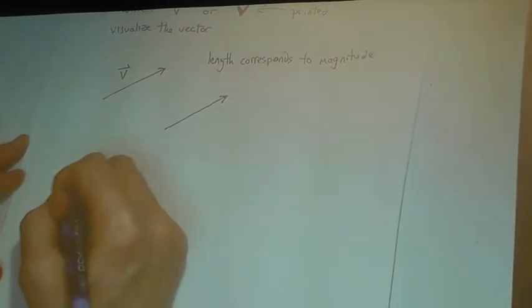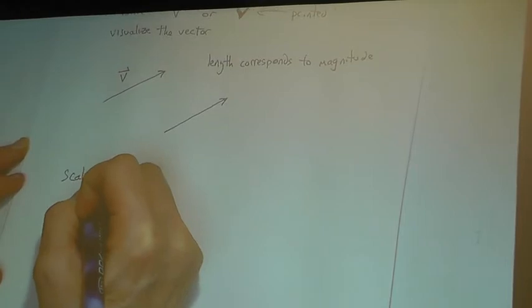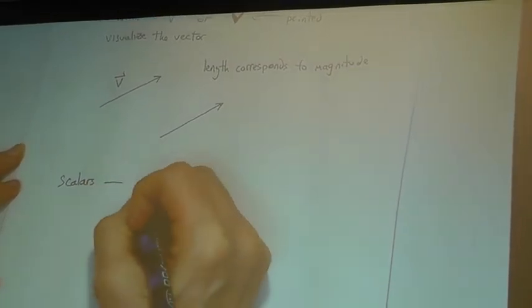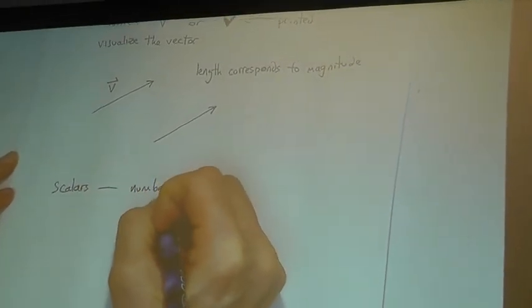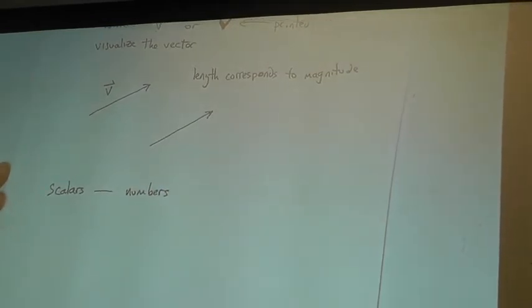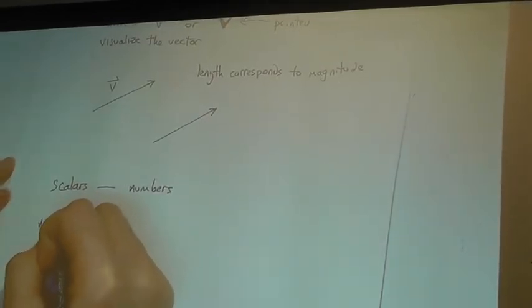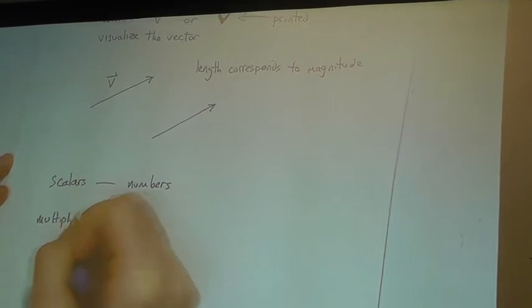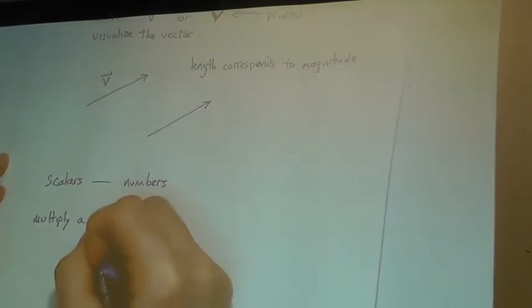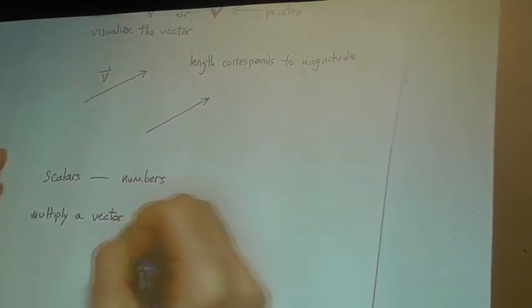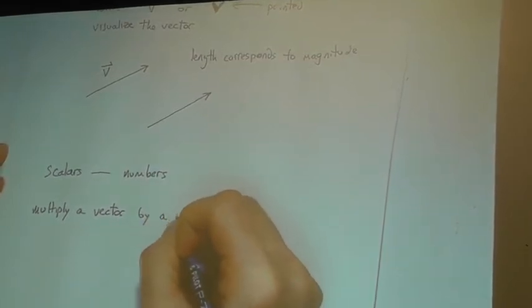So scalars are numbers. And I can multiply a vector by a scalar.